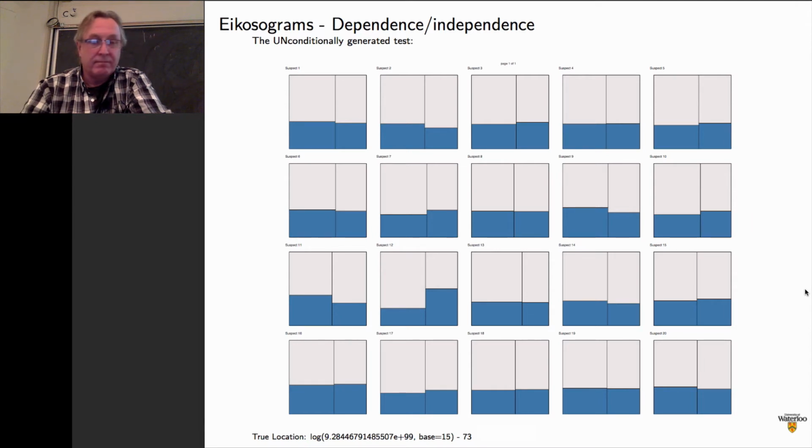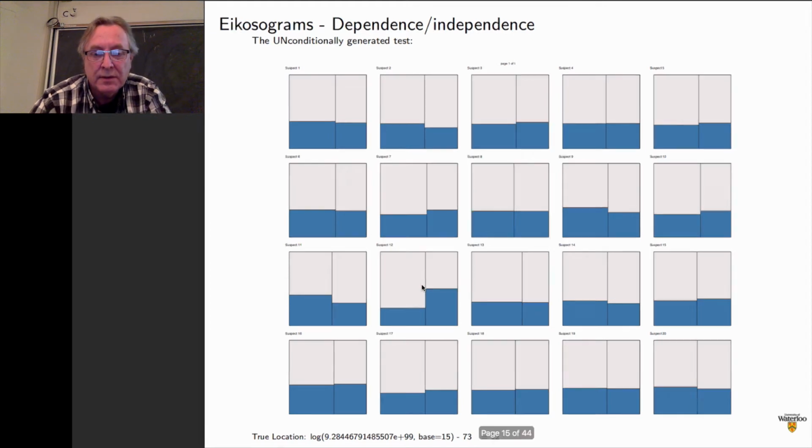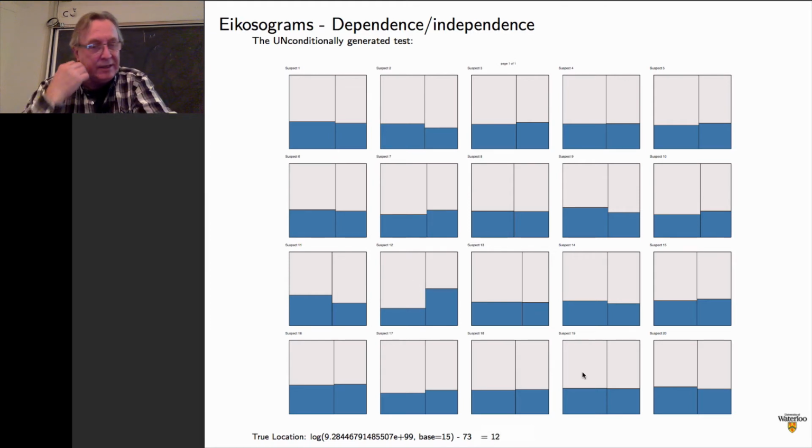Number 12. Yep, this one here. That's the answer. So definitely evidence against the hypothesis, even unconditionally, of independence. All right, so we don't believe these two variates are independent, as evidenced by this data set and this test. Any questions?